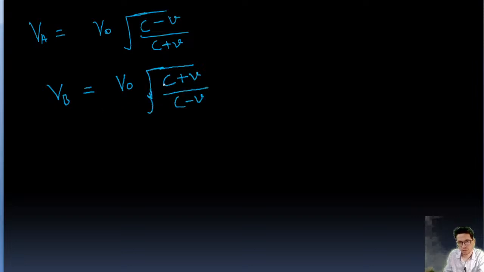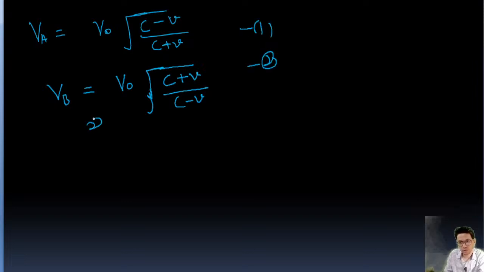And similarly nu B is going to be nu 0 root of C plus V upon C minus V, because the radiation is approaching towards B. This is equation number 1. This is equation number 2.